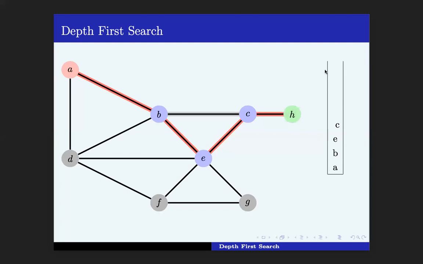Now, inside the stack, the last one is C. So I look at the last one, which is C, and I ask, does C have something new? Again, C has nothing new because C has already been taken care of, right?